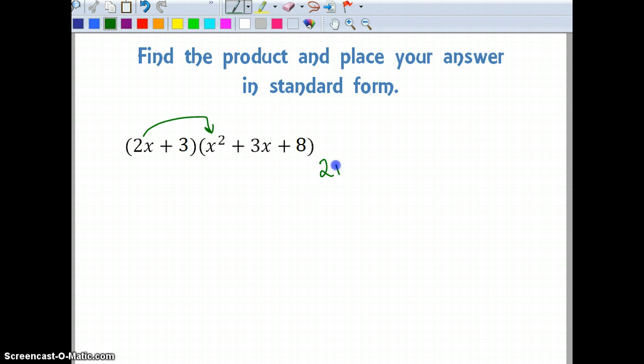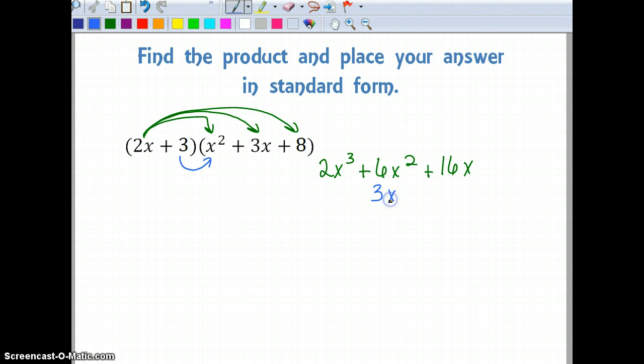Now that's going to give me 2x cubed. 2x times 3x is going to give me a positive 6x squared. 2x times 8 is going to give me a positive 16x. Now I'm going to do my other term. 3 times x squared is going to give me 3x squared.